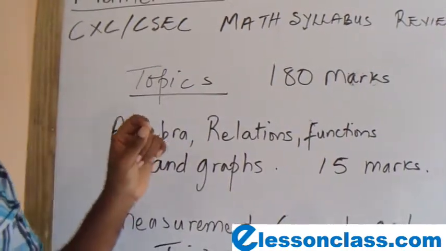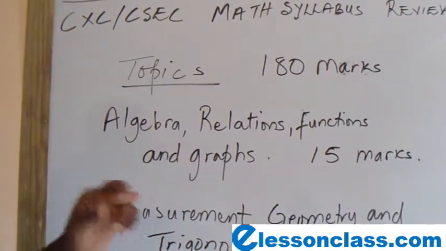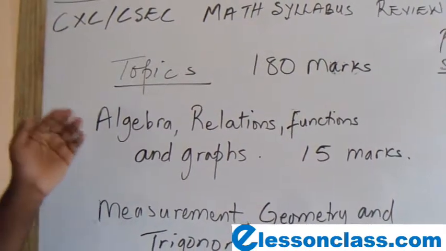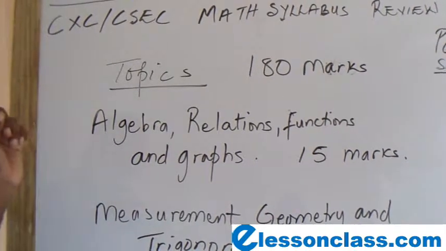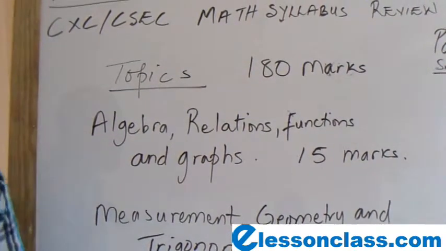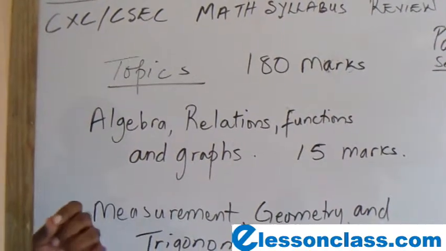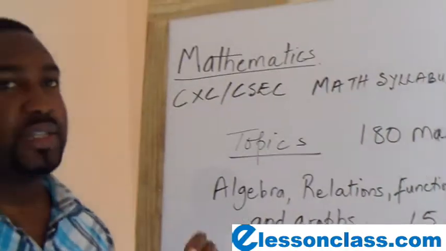The multiple choice paper, which is paper 1, consists of 60 multiple choice items, valuing 1 mark for each item, and the total mark for that is 60 marks. Paper 2, section 1, is valued at 90 marks. And so 90 and 60, that's 150.